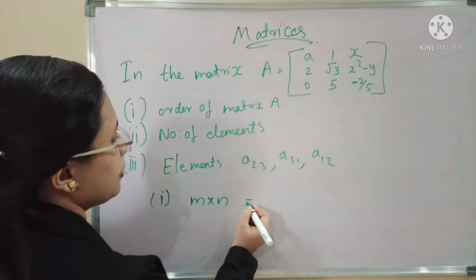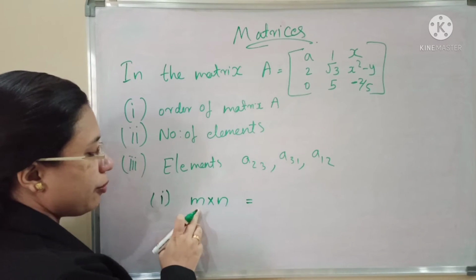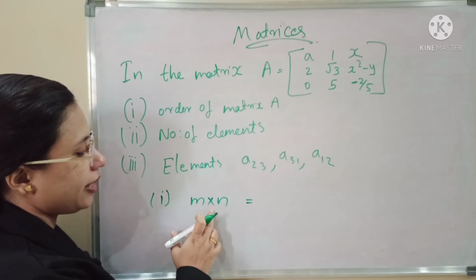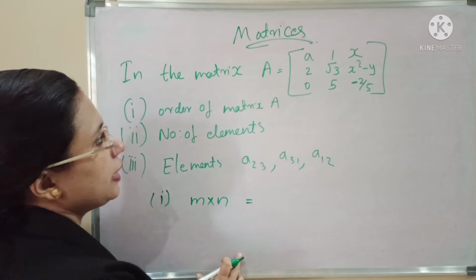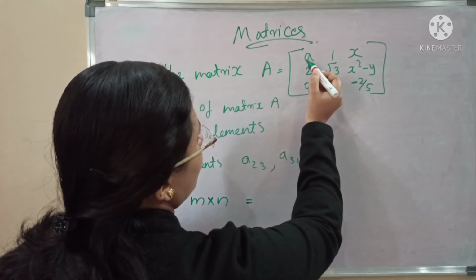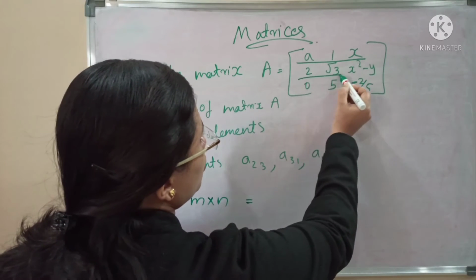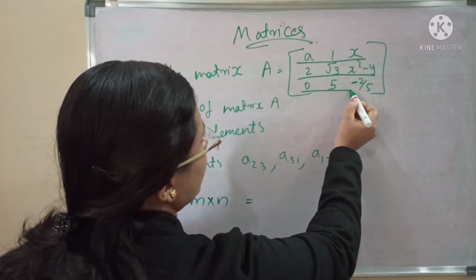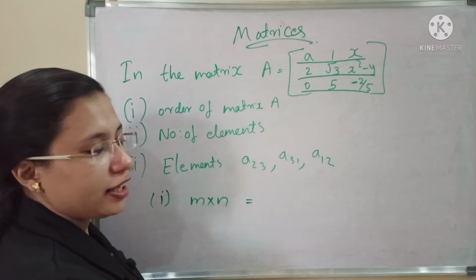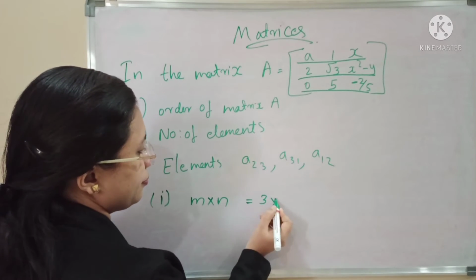What is the order here? Number of rows by number of columns. Counting the rows: 1, this is the first row, 2, second row, 3. So 3 rows are there.